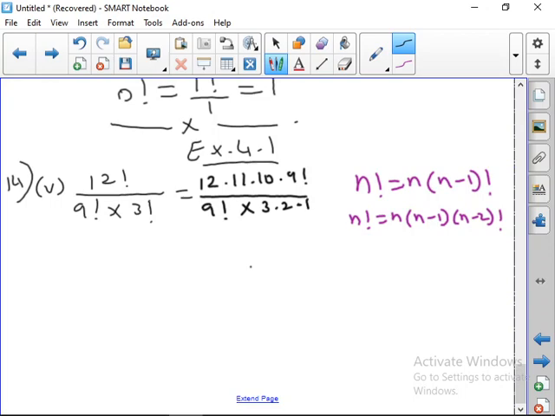Now we will simplify this. 9 factorial will get cancelled, and 3 2s are 6. 6 goes here 2 times. So finally you have 2 into 11 into 10, which is equal to 22 into 10, which is equal to 220.